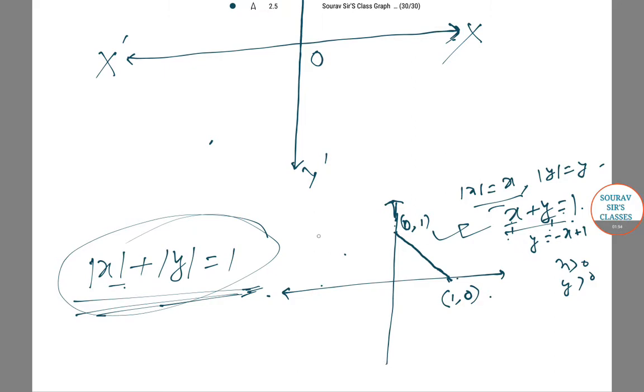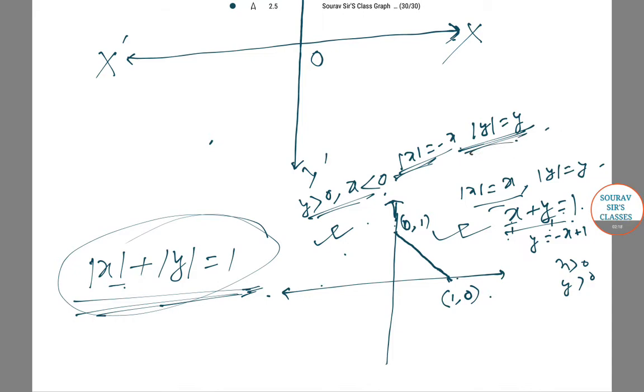Now for the second quadrant, y is greater than 0 but x is less than 0. So now mod x equal to minus x and mod y equal to y. We are seeing this, that mod x equal to minus x, mod y equal to y, when y is greater than 0 and x is less than 0, the second quadrant. So our curve is y minus x equal to 1.